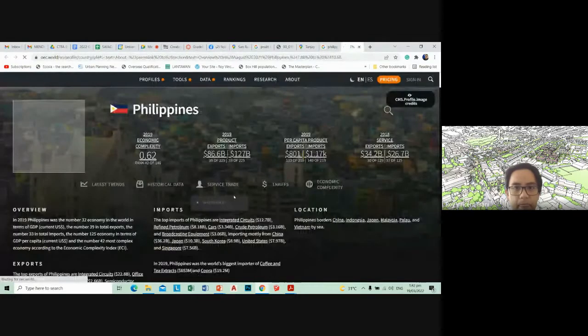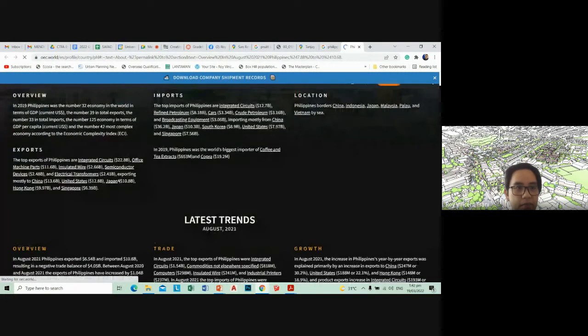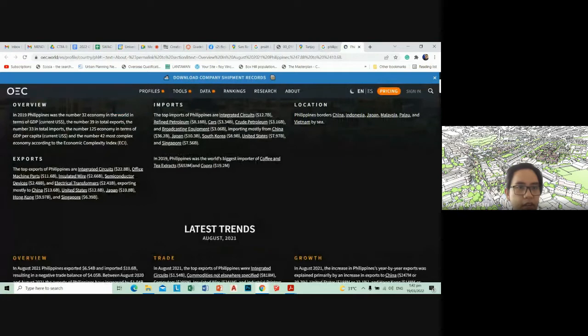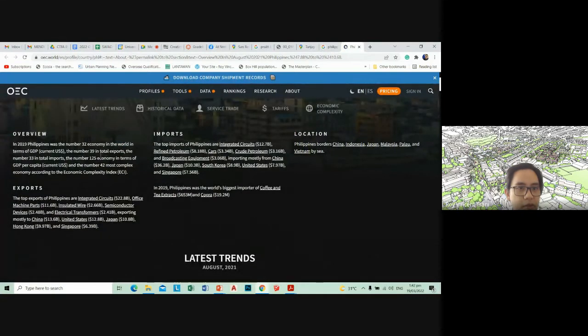In 2019, number 39 in total exports, number 33 in total imports, number 125 economy in terms of GDP per capita, and number 42 most complex economy according to the Economic Complexity Index. Top exports are integrated circuits, machine parts, insulated wire, semiconductors, so more electrical and industrial stuff.